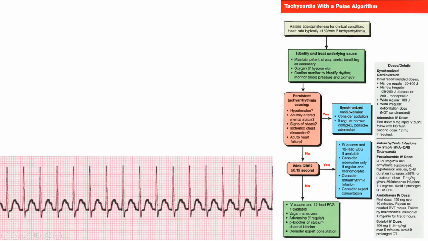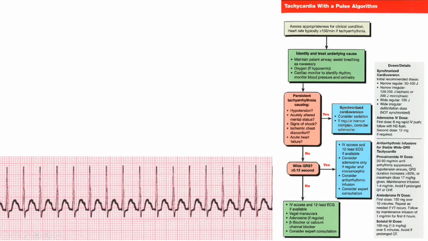The reason you're doing this is because the QRS complex was wide. So it says here, QRS duration increases greater than 50%. Okay, interesting. It means if it starts lasting longer, I guess you'd stop. Or maximum dose, 17 milligrams per kg given. So you can't give them too much. You don't want to give them over the 17.